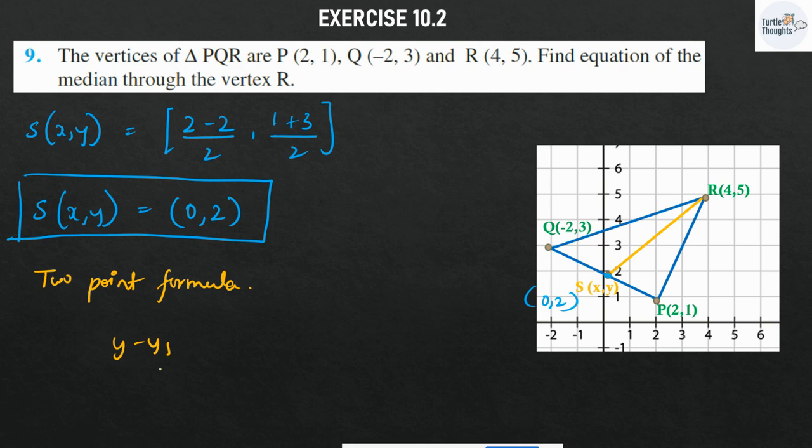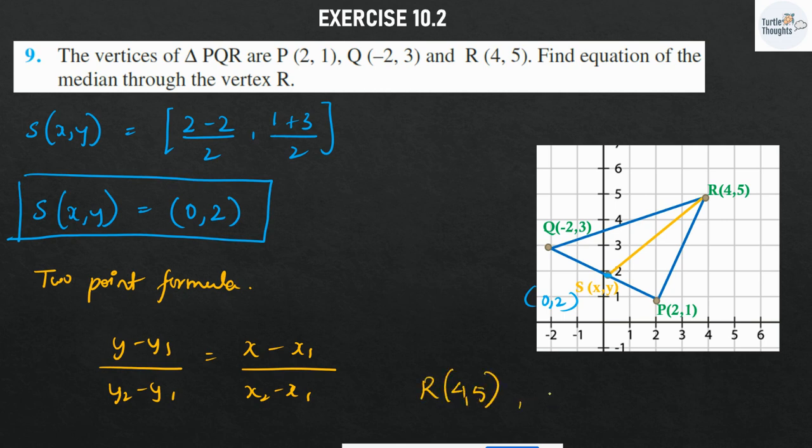Now let me consider one of the values as (x1, y1) and another as (x2, y2). Let me consider R (4, 5) as (x1, y1), and S, which is (0, 2), as (x2, y2).